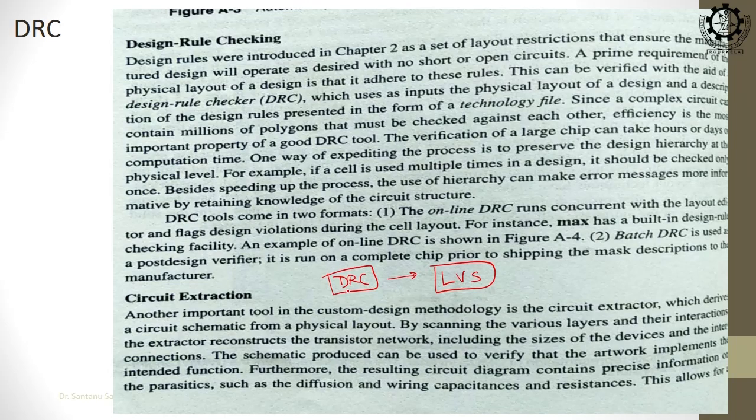So, first step is to pass all the errors, that is the DRC rules you need to pass, and second is you need to match your layout with your schematic. Okay.